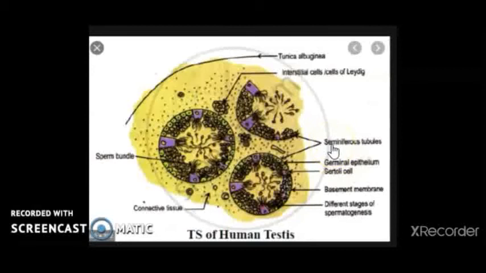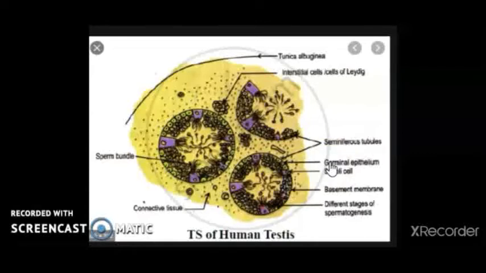Each seminiferous tubule is internally lined by cuboidal germinal epithelium, also called spermatogonia, and a few large pyramidal structures are present here. These pyramidal cells are called Sertoli cells. The germinal epithelium cells undergo gametogenesis.